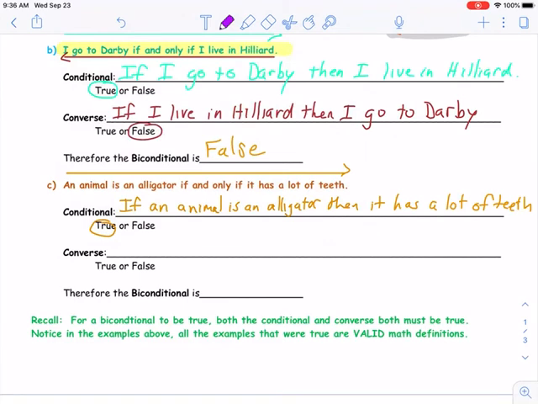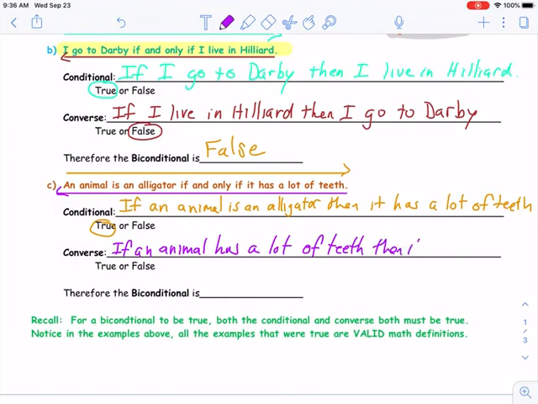All right, now we've got to read it backwards. If an animal has a lot of teeth, then it is an alligator.